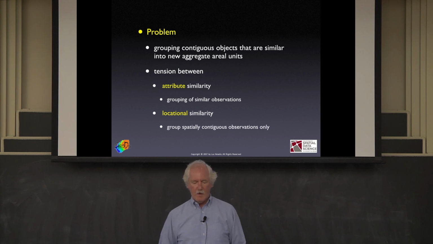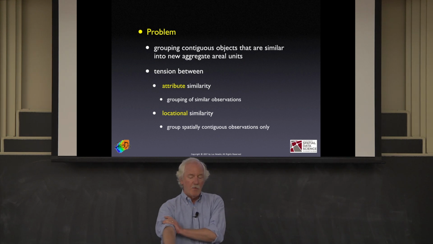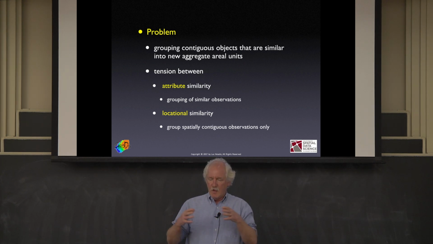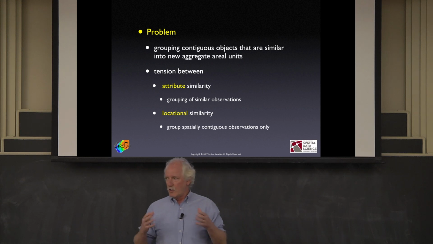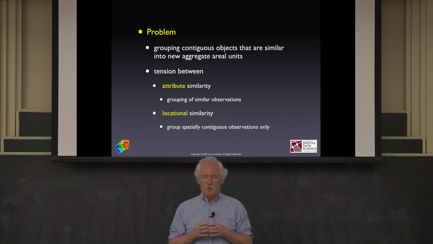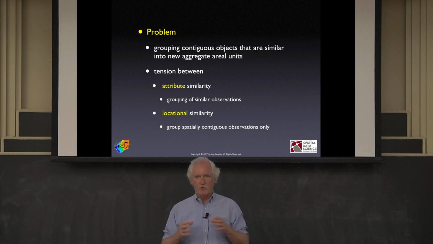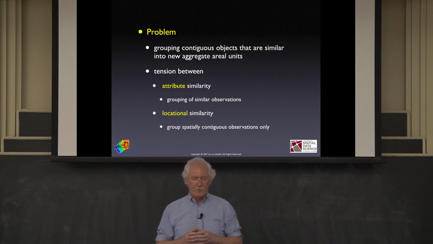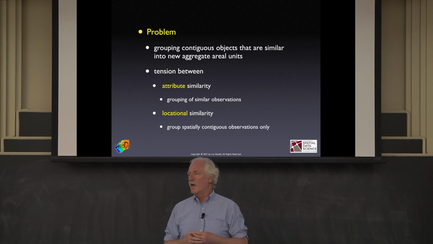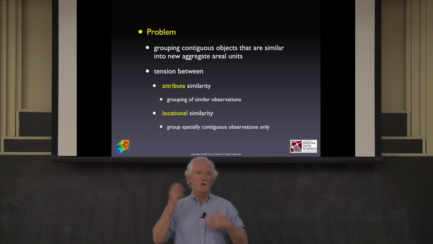So the problem, which we've now seen a couple of times, is we're going to group observations into similar entities, which we call clusters, but these objects have to be contiguous. So they have to border each other in some geographical sense. If you remember the k-means and the hierarchical clusters that we obtained last week, if you looked at the cluster maps, they were by no means contiguous. They were all over the place.